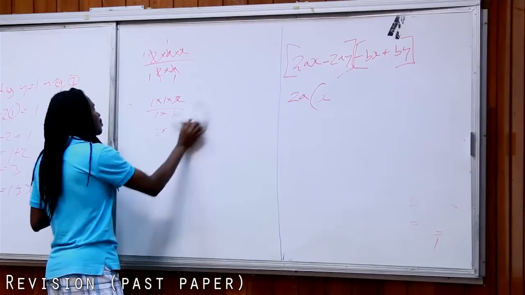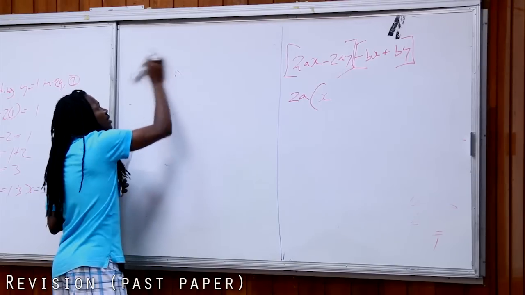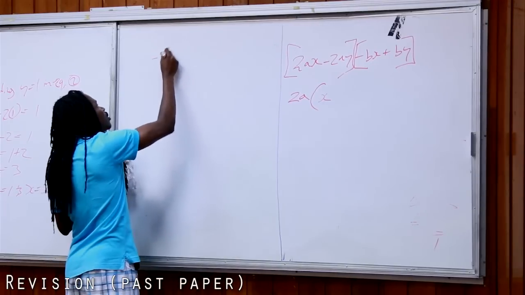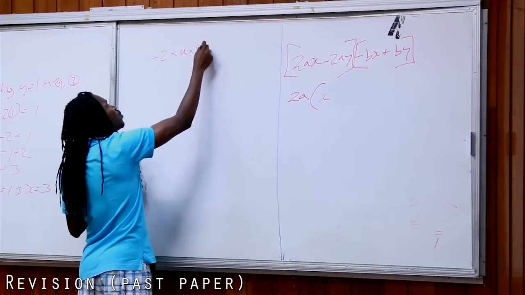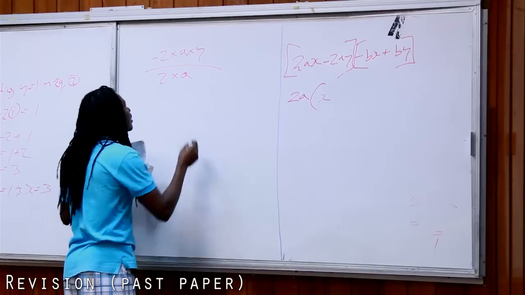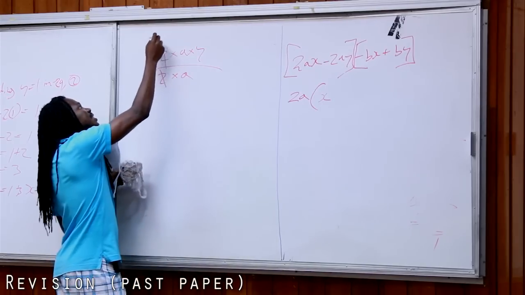Come now. You're going to divide minus 2ay, so that is minus 2 times a times y over 2 times a. This into this 1, this into this negative 1.